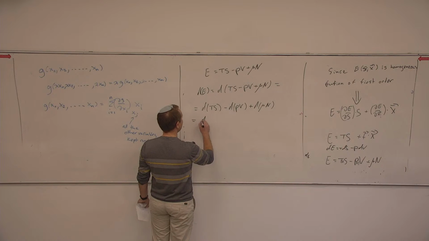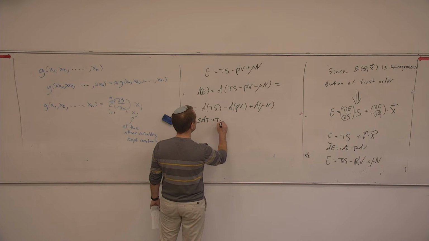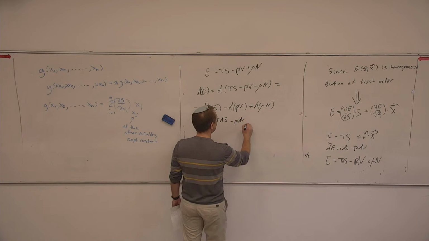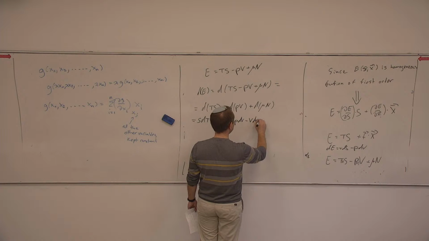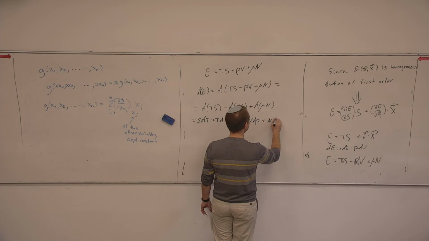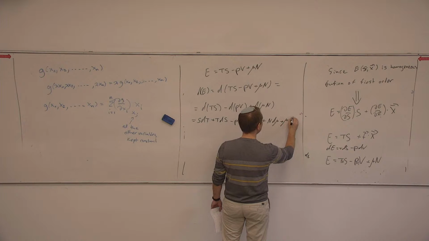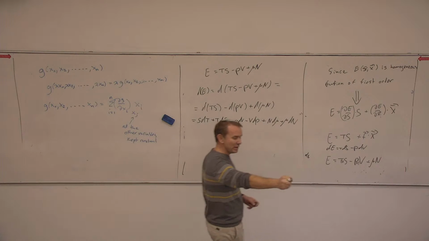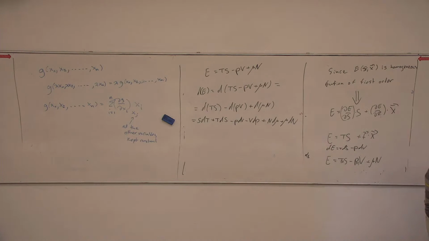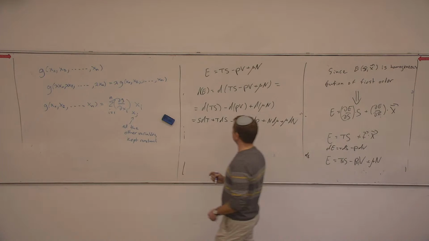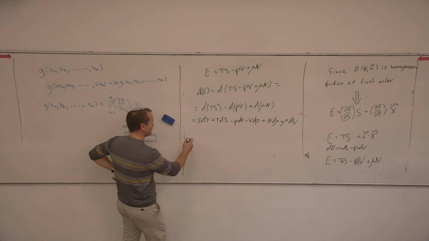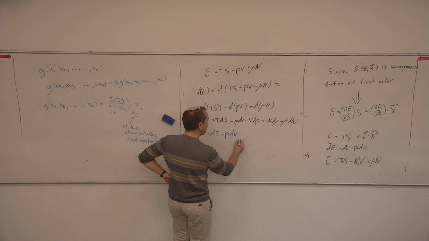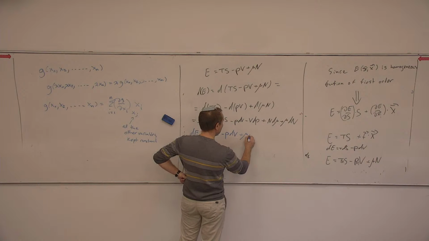So we have S dT plus T dS minus P dV minus V dP plus N d mu plus mu dN. Great. Very nice. But now I can come back to your question and say, wait. This is all nice, all those homogeneous functions, but we know that dE equals TdS minus PdV plus mu dN.